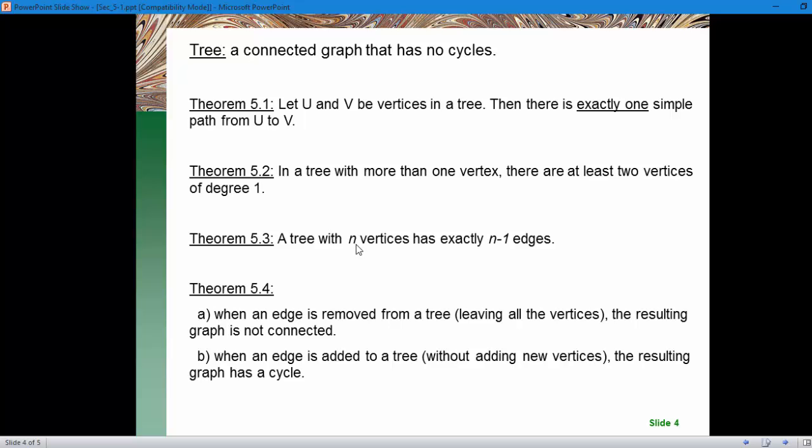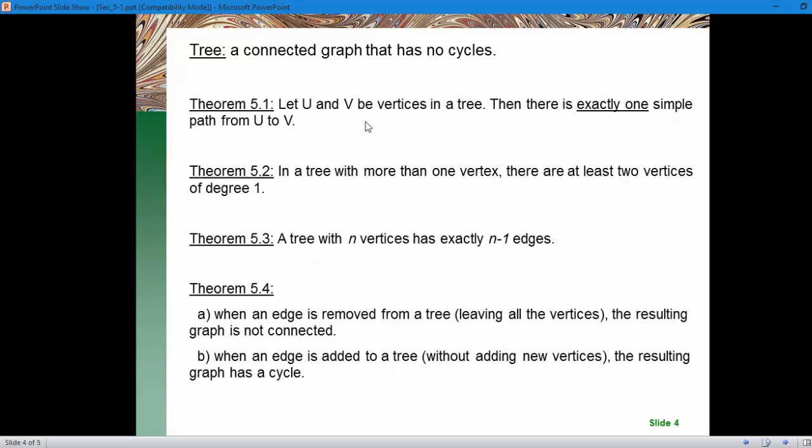You will have something with n vertices, but that has n edges because you're adding one edge. And that's not possible because if it was a tree, then it would have n vertices and n minus 1 edges. So something happened and that violated the definition of a tree because it's not a tree anymore.